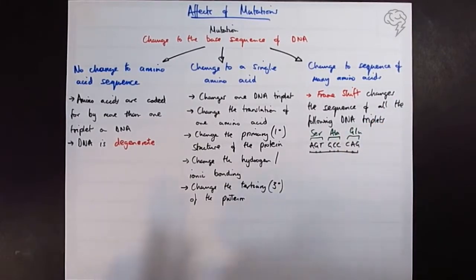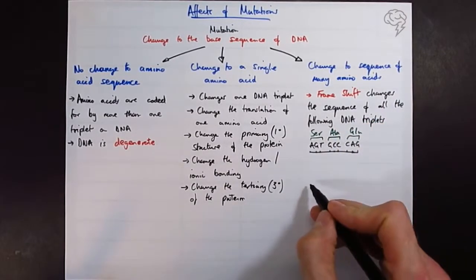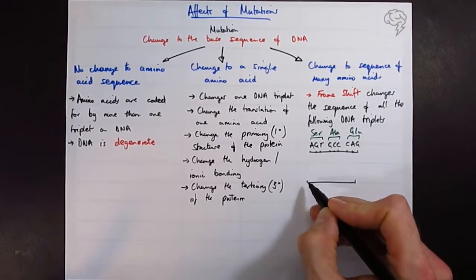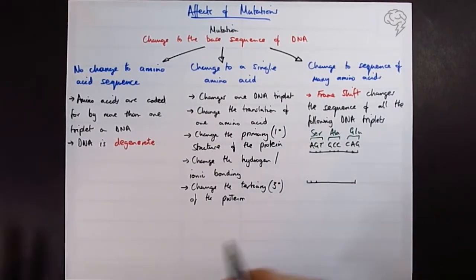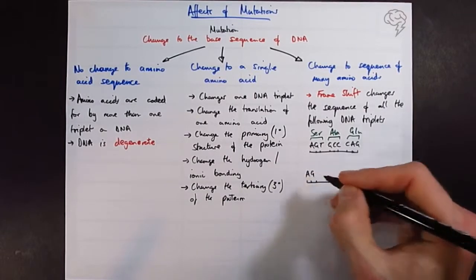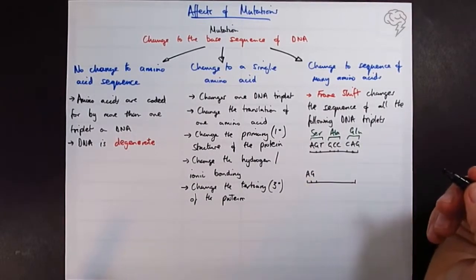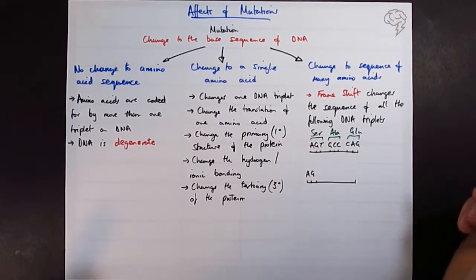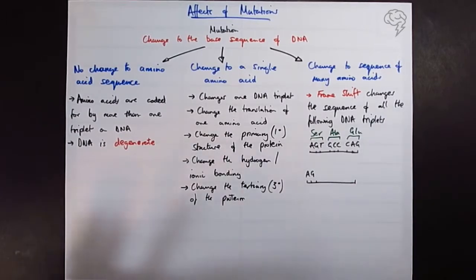Okay, so if we have a mutation to this, let's say I'll keep my A and my G. Let's say we have an insertion or an addition. AQA students, you call it an addition. Everyone else, you call it an insertion.